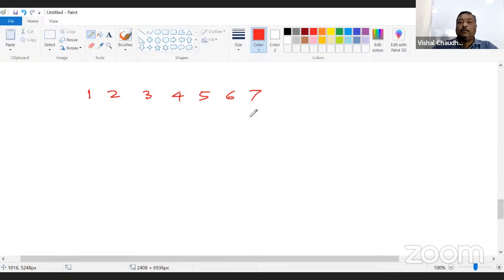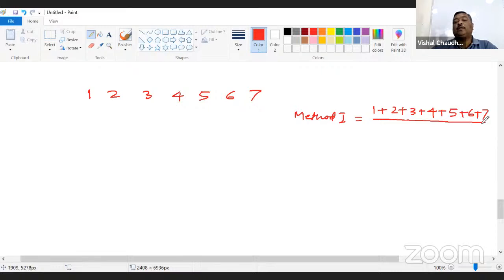That is method 1: 1 plus 2 plus 3 plus 4 plus 5 plus 6 plus 7 divided by 7. It is 3, 6, 10, 15, 21, 28. 28 by 7, and that is 4.